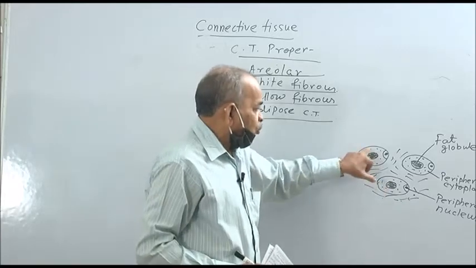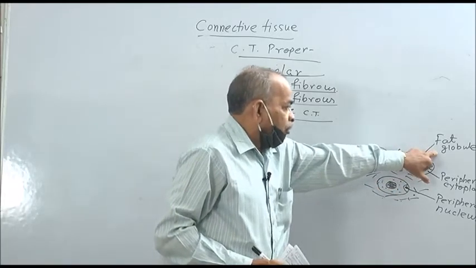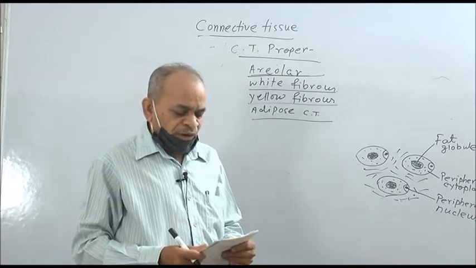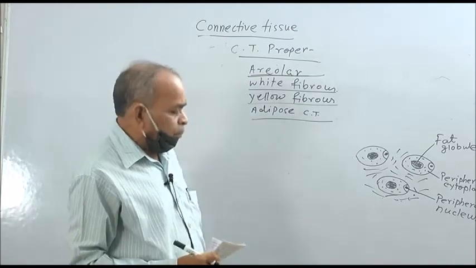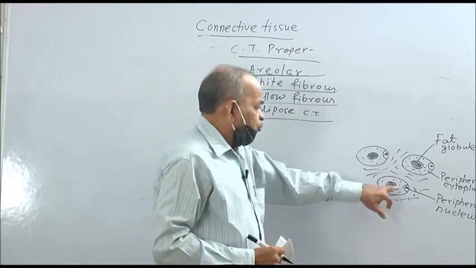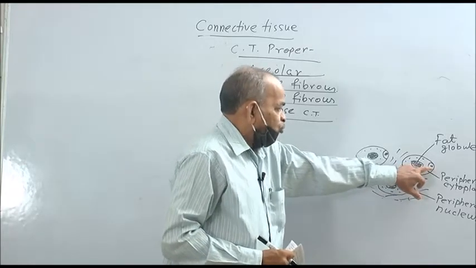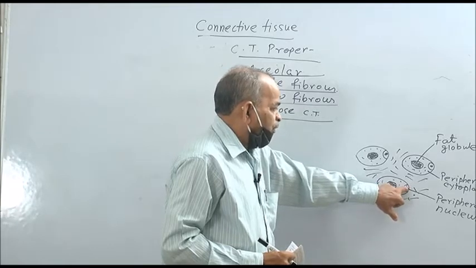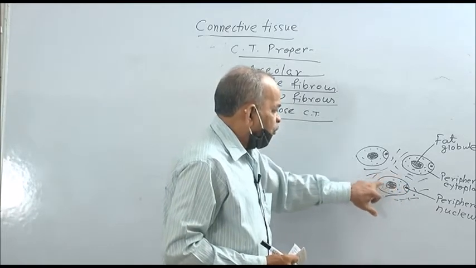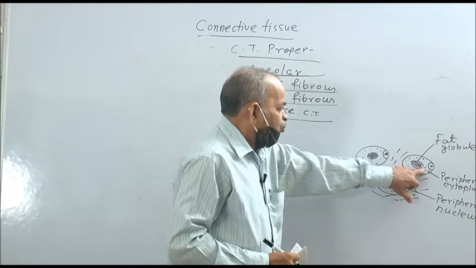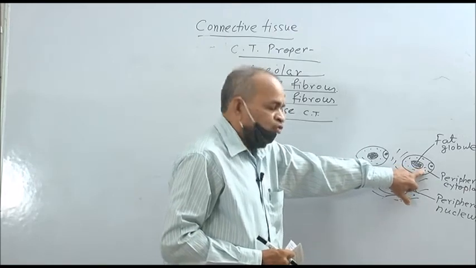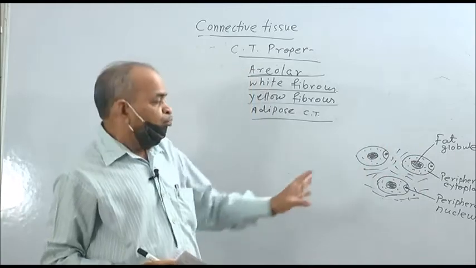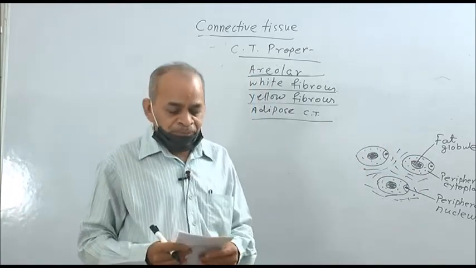The fat globule occupies the center, pushing the cytoplasm and nucleus to the periphery. That is why this is the peripheral nucleus, and the cytoplasm around the fat globule is known as peripheral cytoplasm, which does not occupy the center, it is present on the periphery.